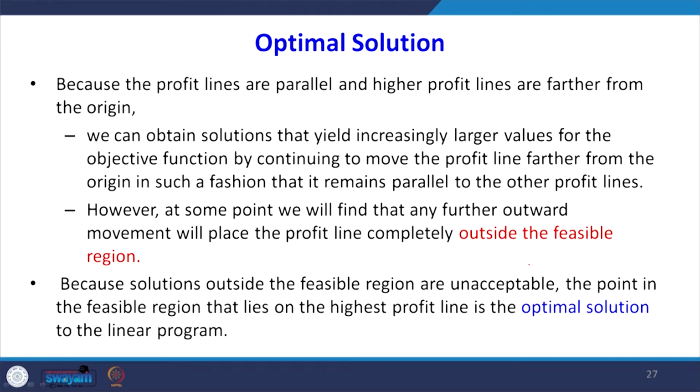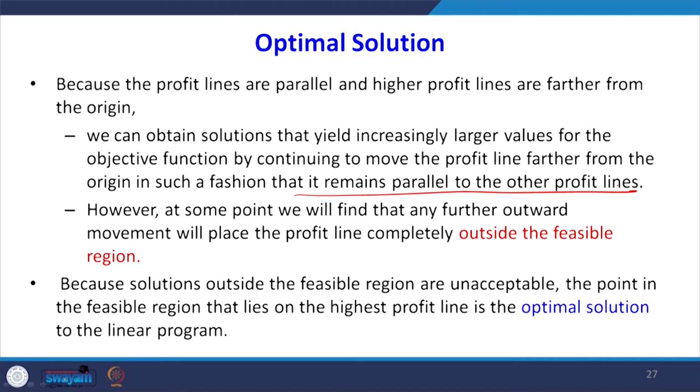Next, we will look at how to find out the optimal solutions. Because the profit lines are parallel and higher profit lines are farther from the origin, we can obtain solutions that yield increasingly larger values for the objective function by continuing to move the profit line farther from the origin in such a fashion that it remains parallel to the other profit lines.